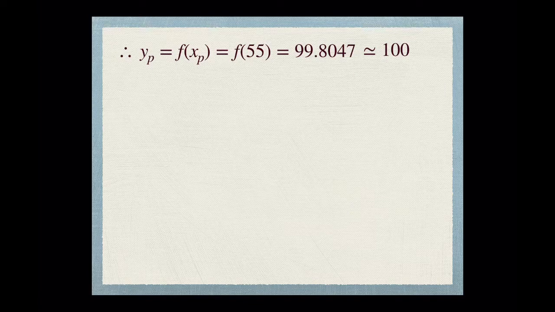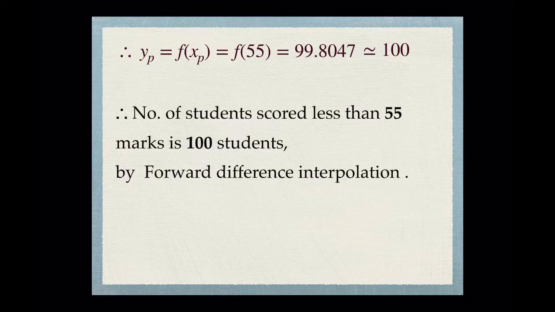We are supposed to round it off, which is approximately equal to 100. The reason is, it's about the number of students. It can't be 99.8. So we will round it off. Therefore, the number of students who scored less than 55 marks is 100 by forward difference interpolation. Able to understand?